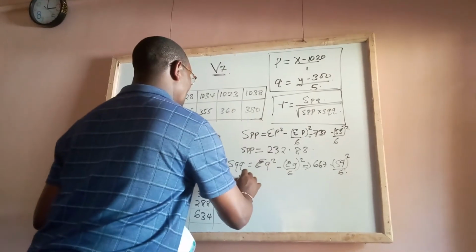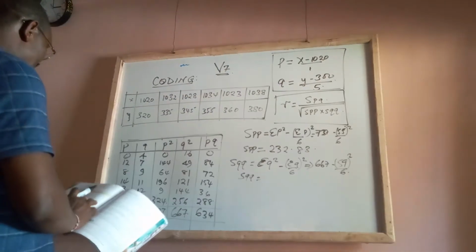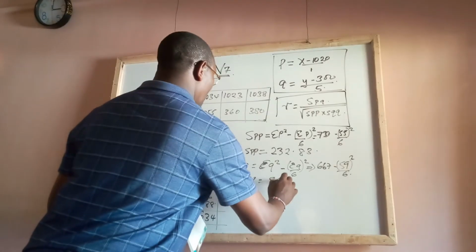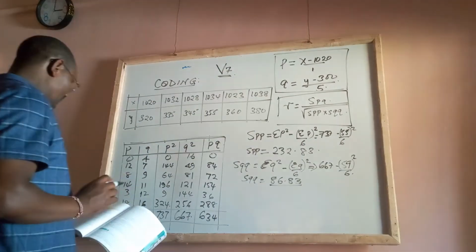And SQQ, after we evaluate all that using the calculator, should give you 86.83. That is quite critical.